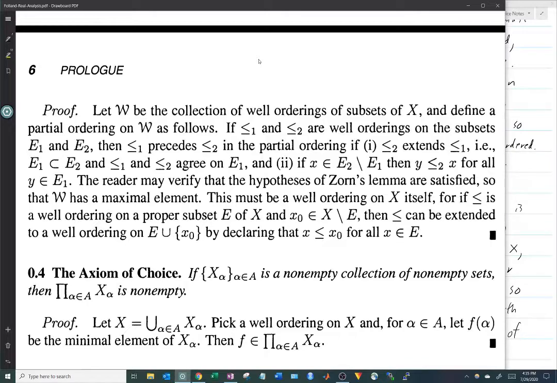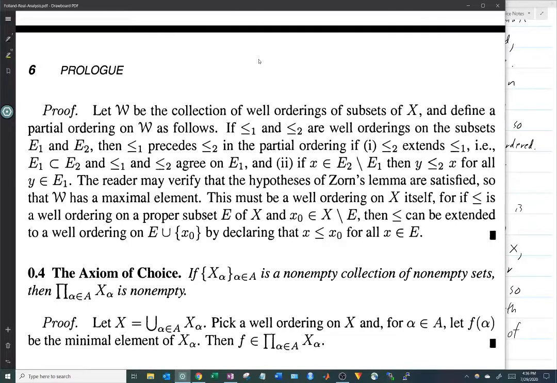All of these X alphas can be really weird, and you have to choose an element of X alpha for every single alpha, so it's not clear that there's a way to do this. Well, the well-ordering principle gives us a way to do it: you choose the minimal element of X alpha. But if you don't have the well-ordering principle, it's not clear that you should be able to do this. So anyways, the well-ordering principle implies the axiom of choice.